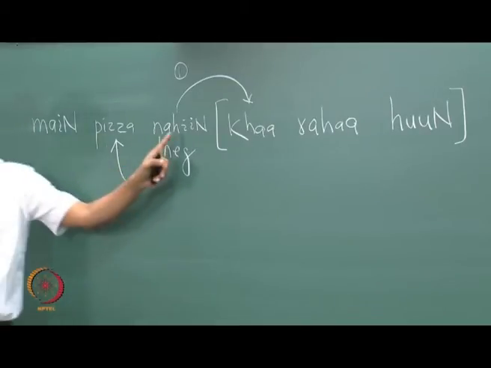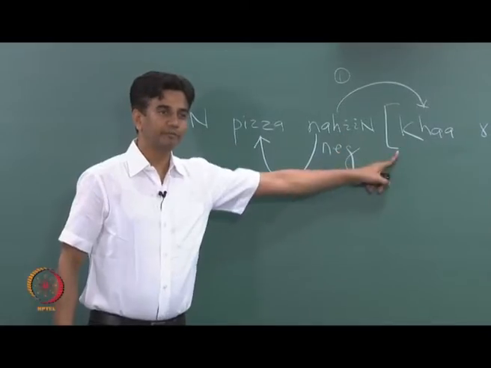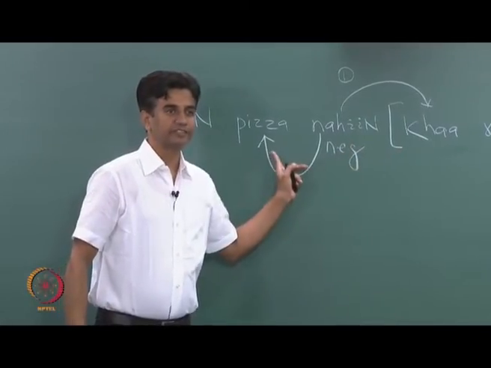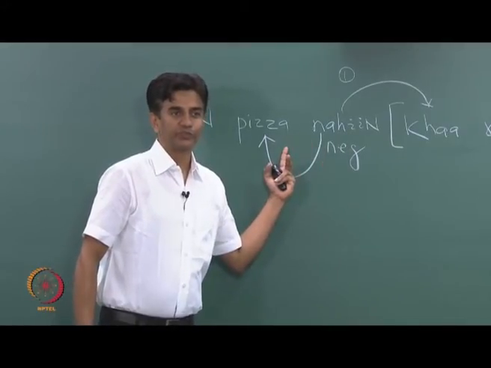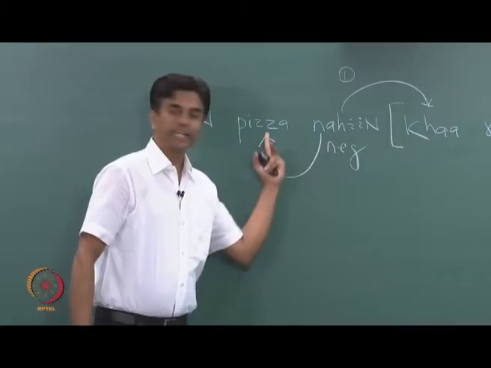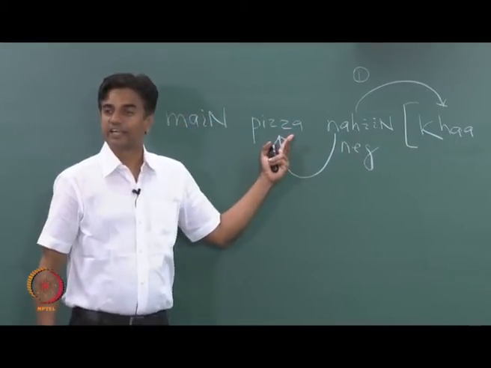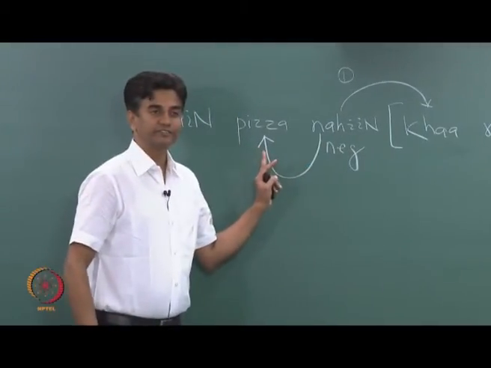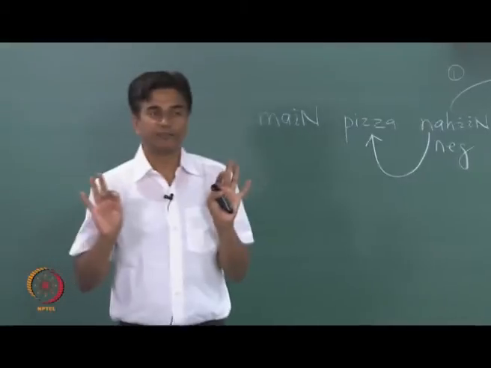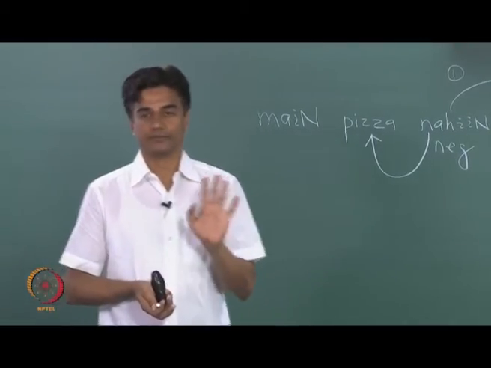So, by virtue of being here, which is not only before the verb, but around the object too, it might negate the object as well. When it is negating the object, then the meaning is different. Meaning is not sentential negation. The meaning is, मैं पिज़्ज़ा नहीं खा रहा हूँ.